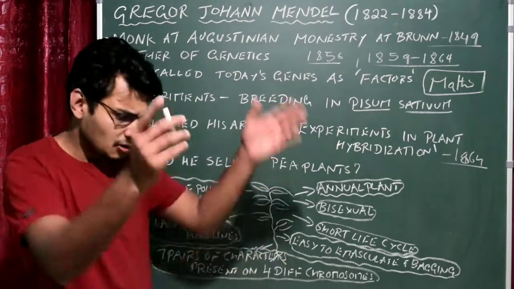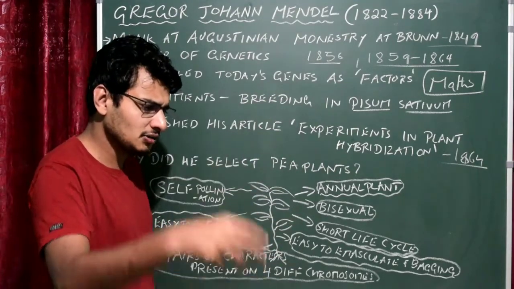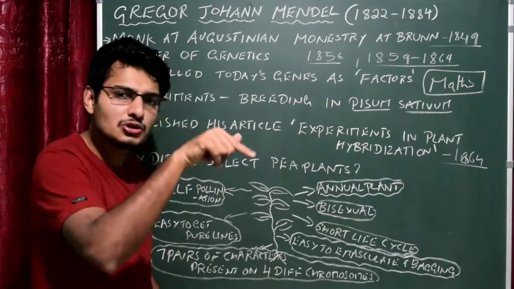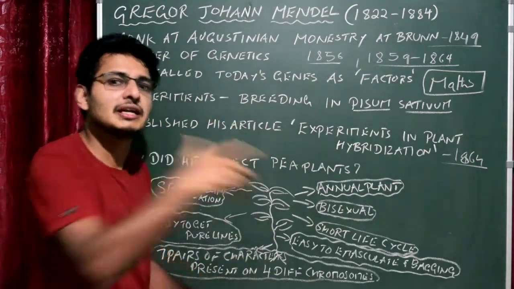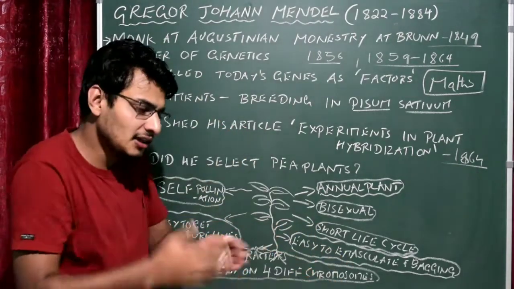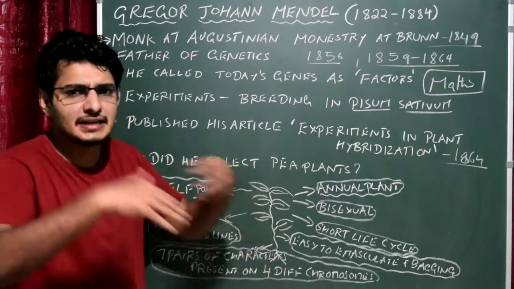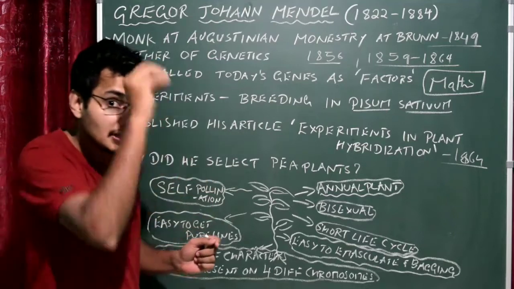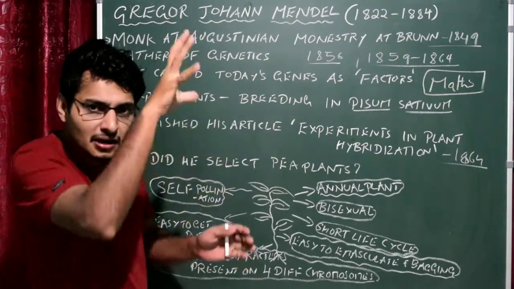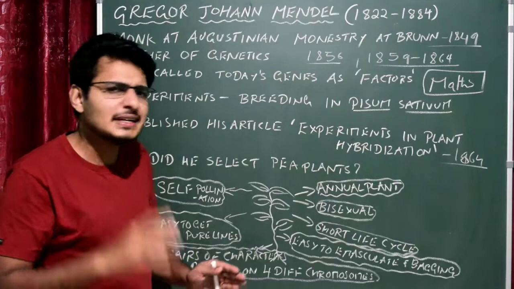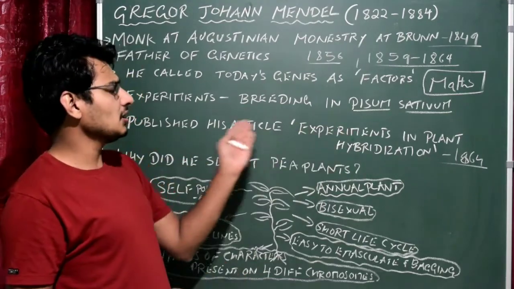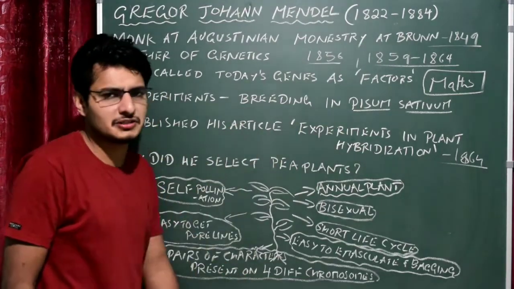Whatever experiments he did, he just assumed that because of certain things the characters are transferred to the offspring, and the offspring showed variation like that. He was not sure what was happening inside the plant body, but he wrote it. He made a list of all his experiments, recorded it, and finally published it in his article, Experiments in Plant Hybridization. Remember it.